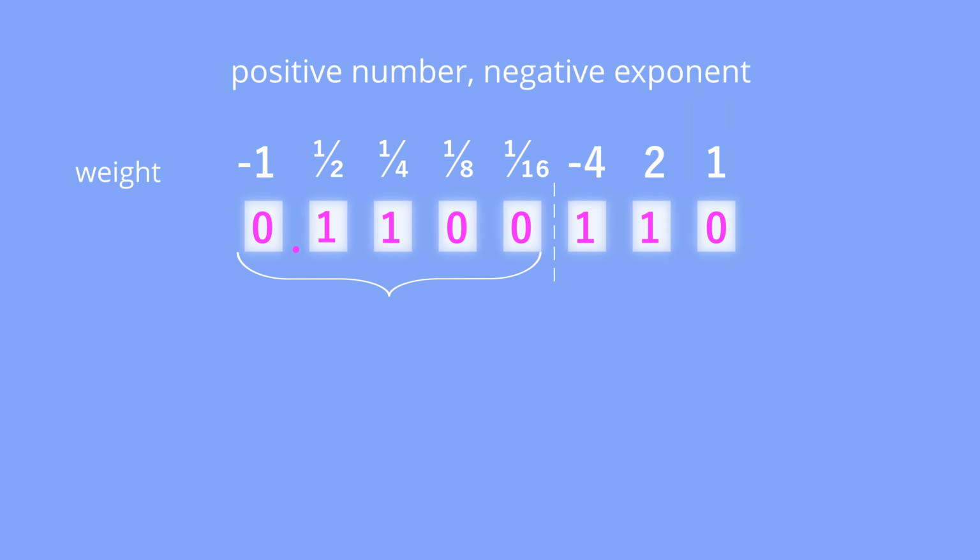Now let's consider an example with a positive number and negative exponent. The exponent equals 1 times negative 4 plus 1 times 2 plus 0 times 1 and equals negative 2.